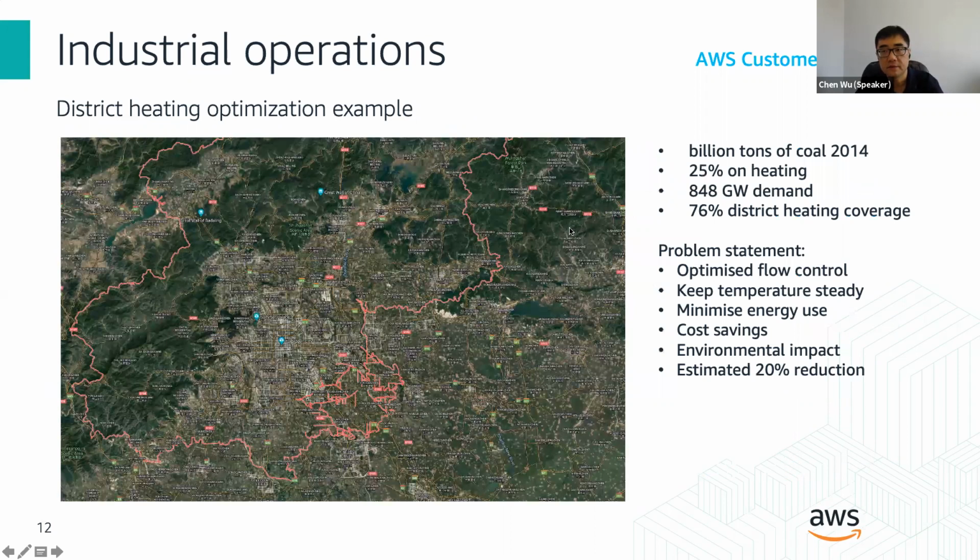The second example is that we did some work with district heating in China, in northern China, where in winter it's quite cold, so central district heating is quite widely deployed.